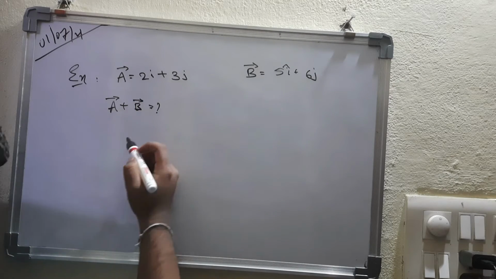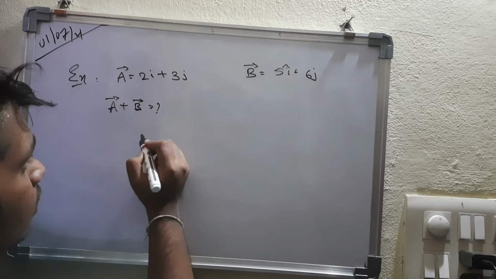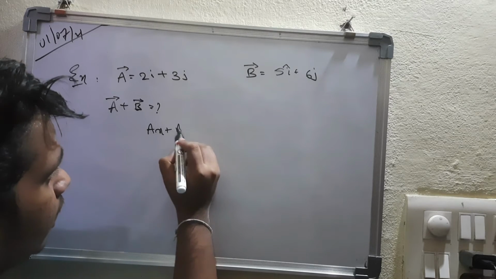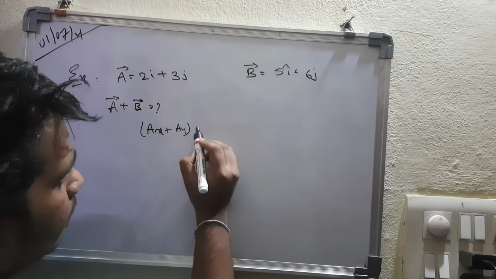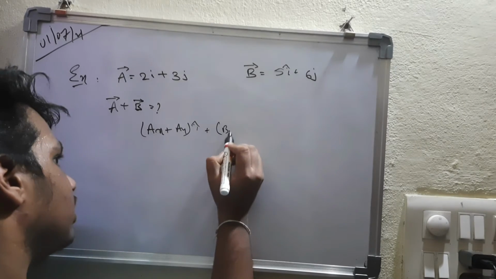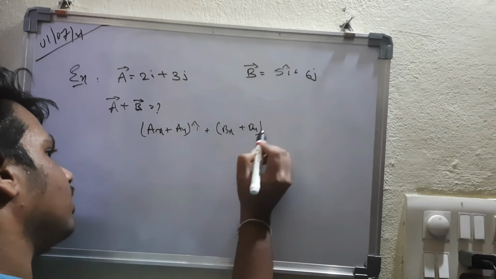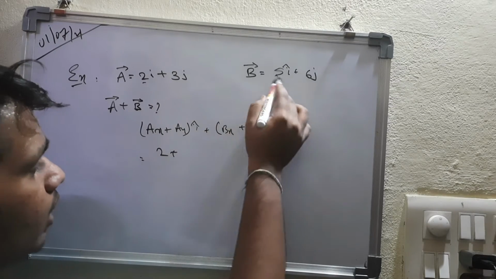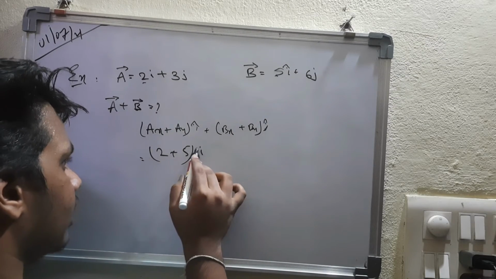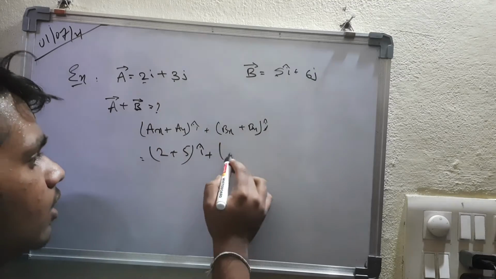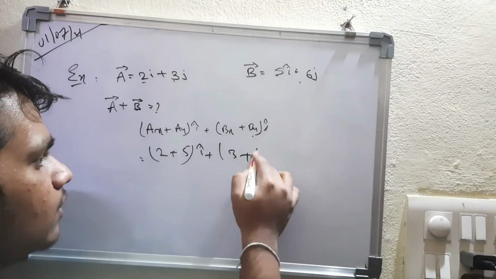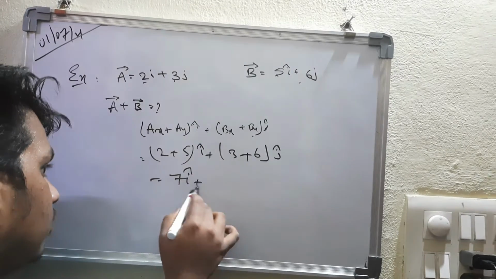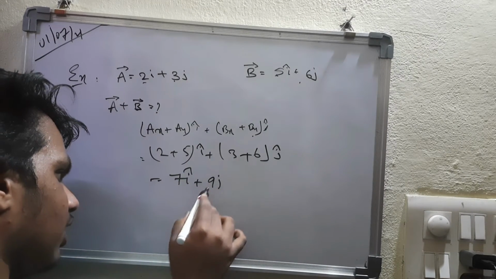A plus B goes like the formula: (ax plus bx) into i cap plus (ay plus by) into j cap, equals (2 plus 5) into i cap plus (3 plus 6) into j cap, equals 7i plus 9j cap.